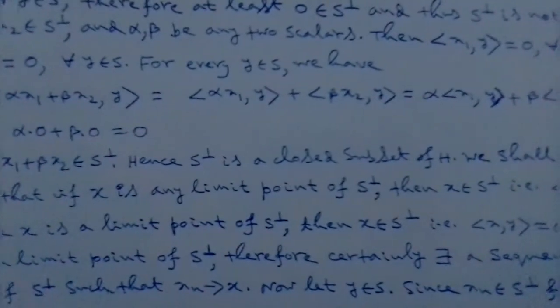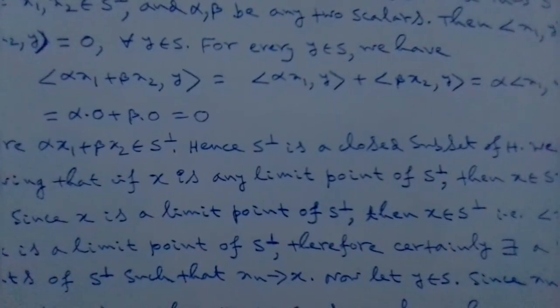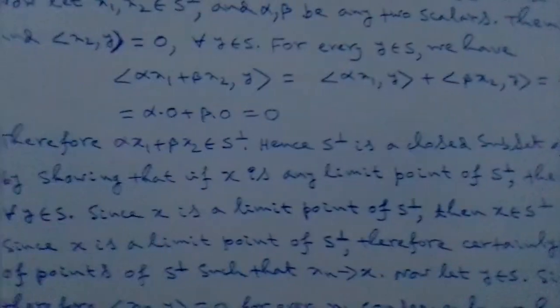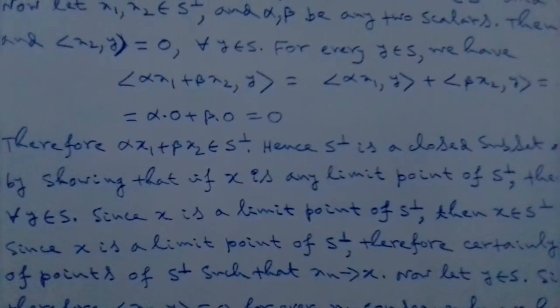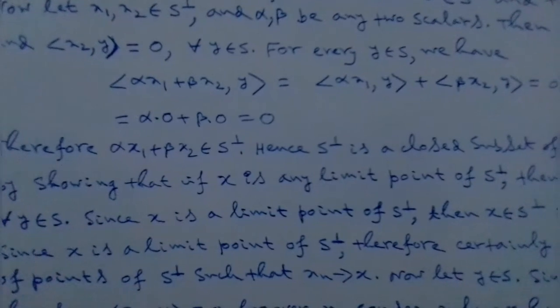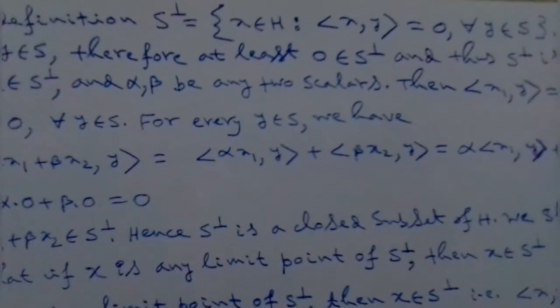And as x1 dot y is 0 and x2 dot y is 0, it will be 0. Therefore alpha x1 plus beta x2 also belongs to S perpendicular, as per the definition of S perpendicular.